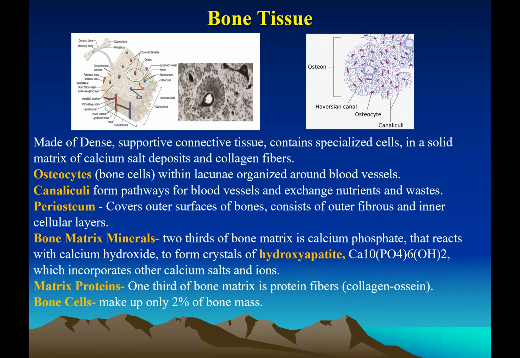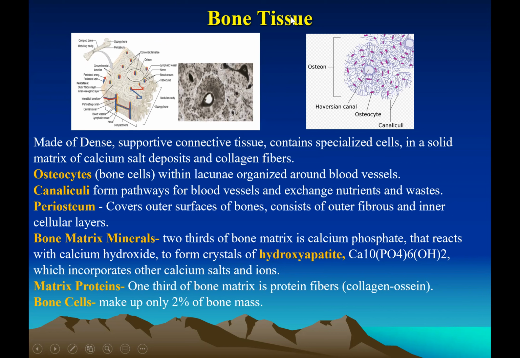So, let's look at the histology of bone. Osseo means bone, so there's lots of terminology that will start with osteo. Here, this is what the bone will look like in a microscope. This is the histology of bone.